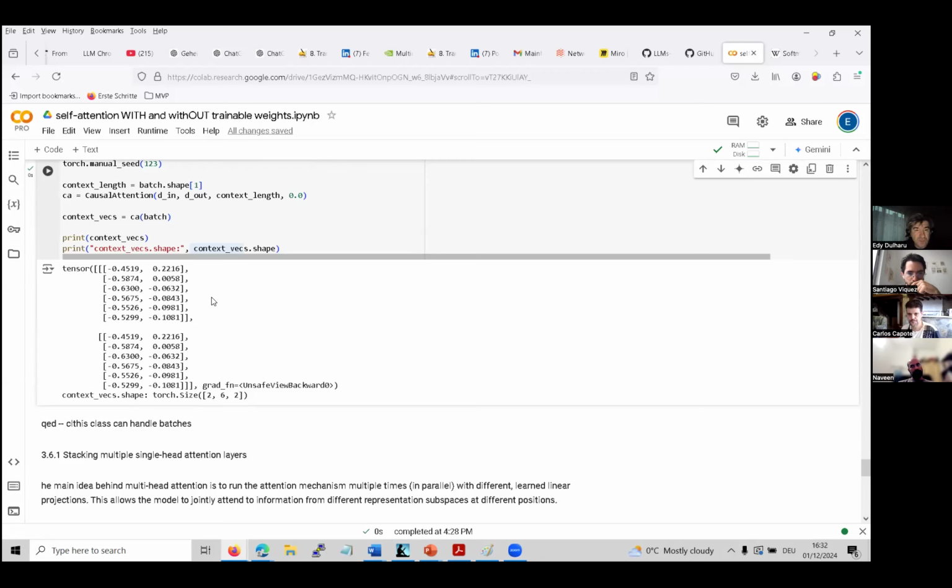In this book, which I will share in a moment, what I want to say here is that the previous concept of causal attention is now conceptualized as a head. So as I mentioned, one set of query, key, and value matrices is one head.